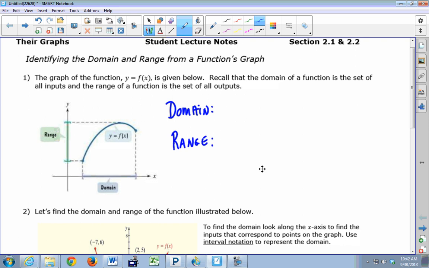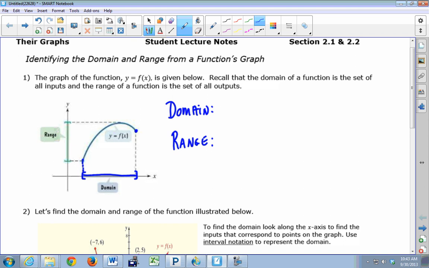You look at your function, and if it has a beginning point, you find the x value for that beginning point. This function starts right here, so you come down to your x-axis, and notice it already has the bracket there. All of the x values between that point on your x-axis up to whatever this point is right here, we call the domain.